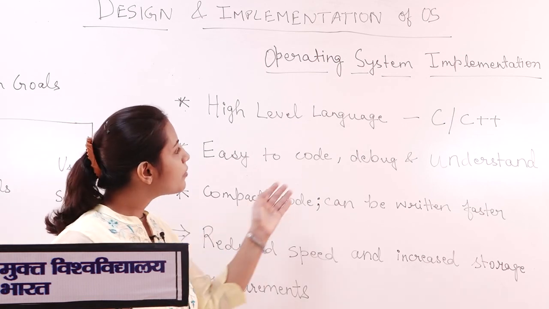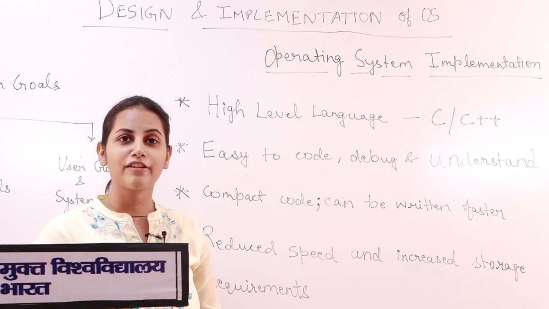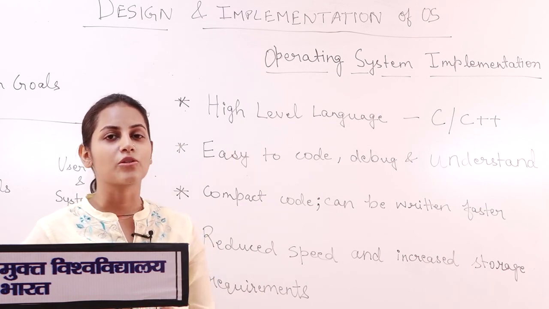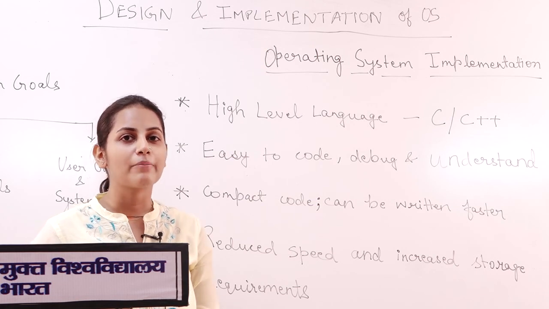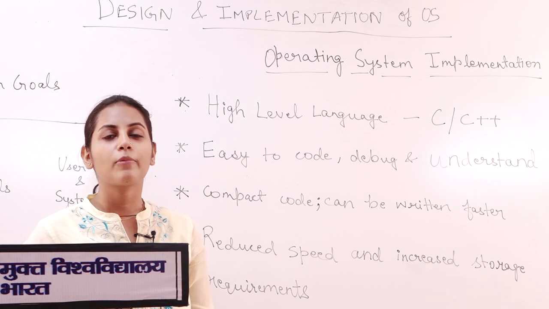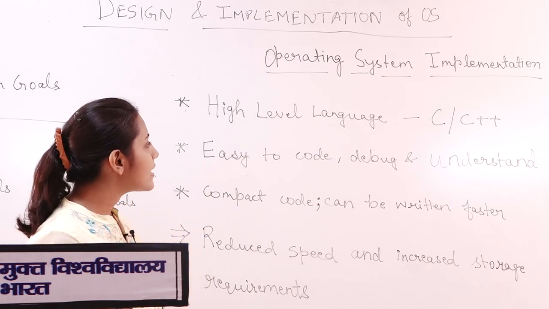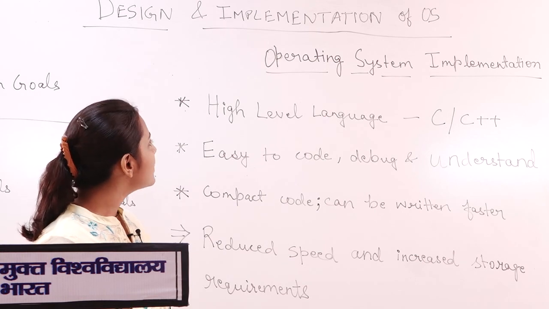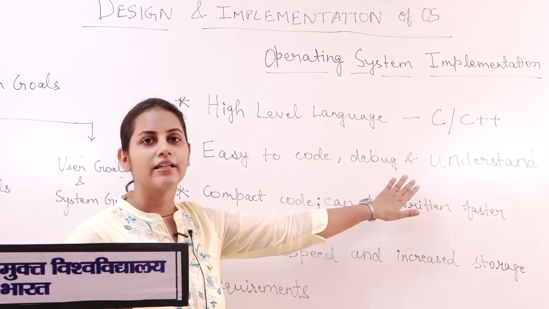Further, the code written in C or C++ is easy to understand, and therefore, once the code is written for the operating system, it can be understood by other programmers as well if they want to make certain changes or improvements in the code. And therefore, it is important to write in a high level language to improve the understandability of the code.